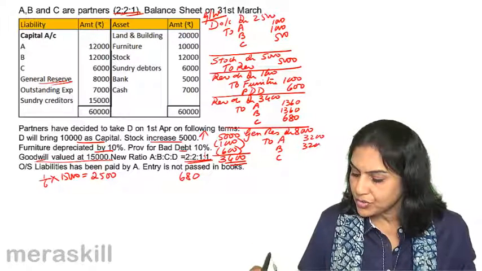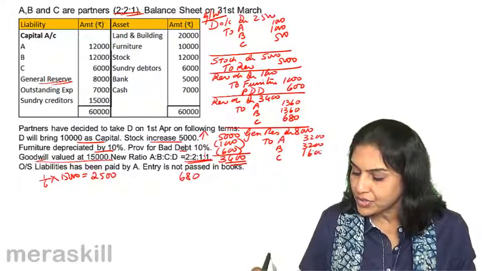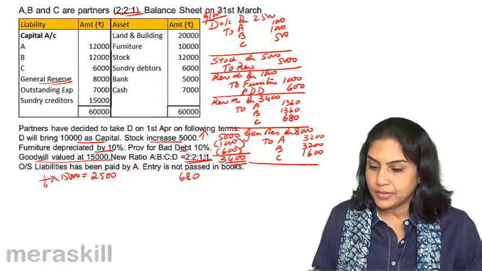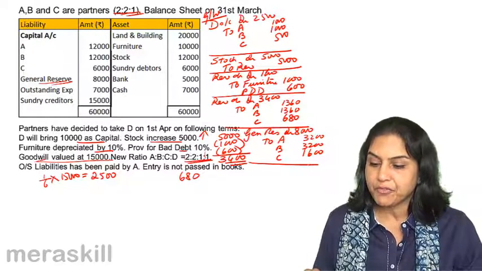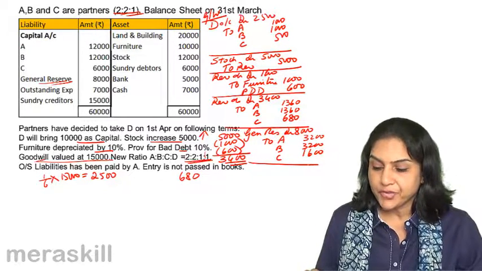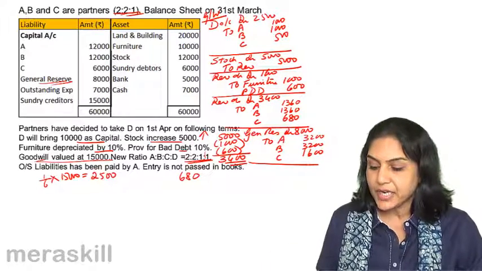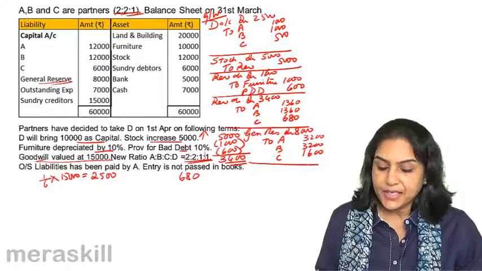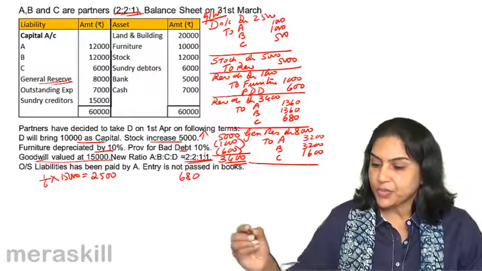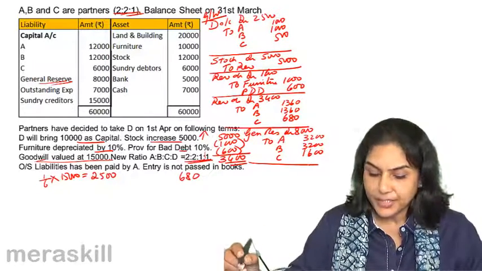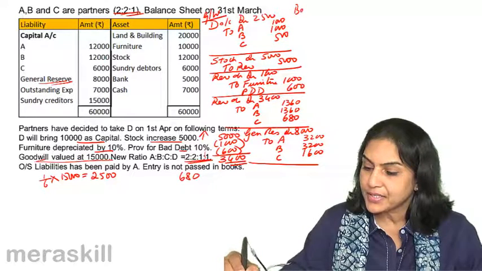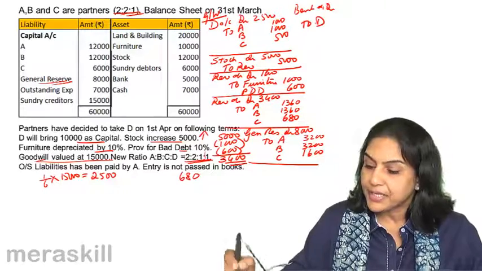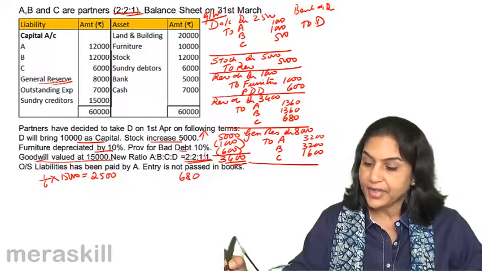That is 3,200, 3,200, and 1,600. So we have passed entry for goodwill, we have passed entry for revaluation, we have passed entry for accumulated profits, and D brings in 10,000 as capital. That is one more entry, cash account debit or bank account debit as the case may be, to D's capital account, amount of 10,000.